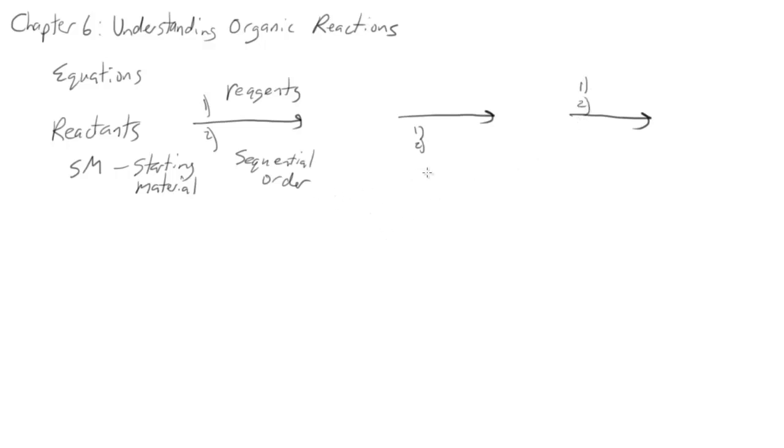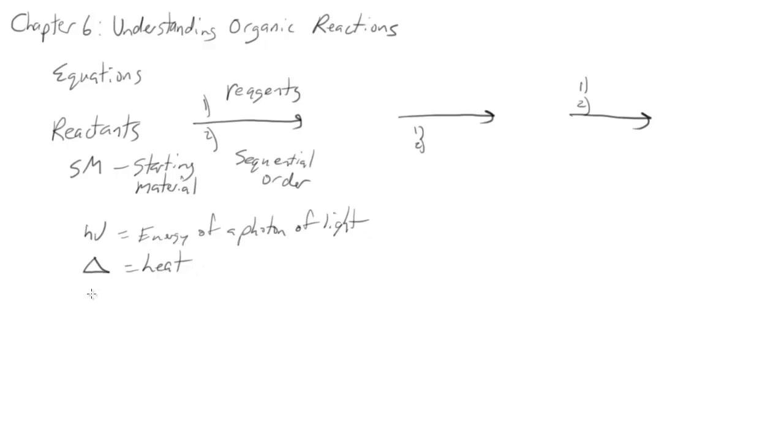There are some other things that sometimes we'll put in besides reagents. Sometimes we'll put in h nu, which is light energy. It's the energy of a photon of light. And that means that the reaction is catalyzed by light, or light somehow encourages the reaction to happen. Sometimes they'll put a delta, which just means heat.